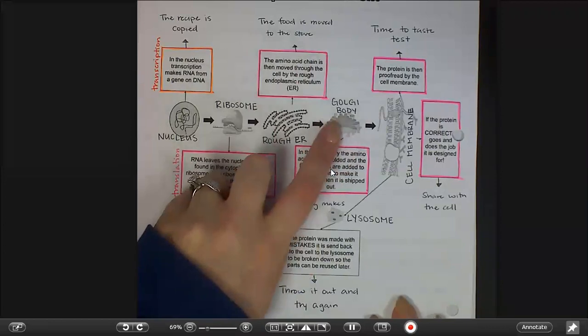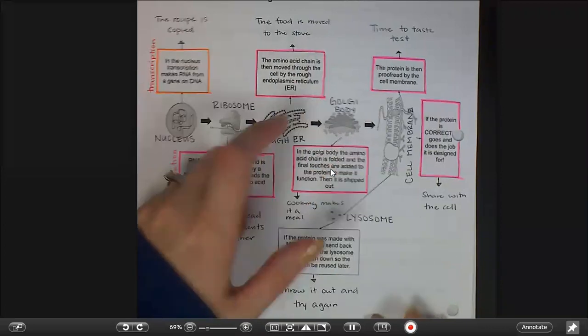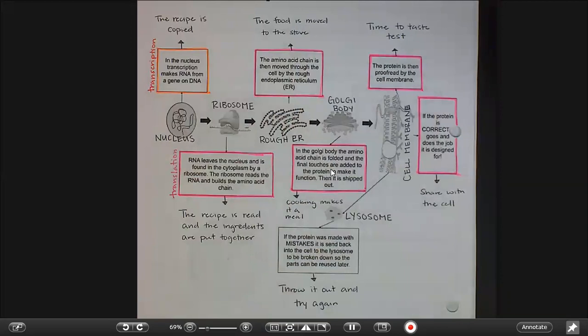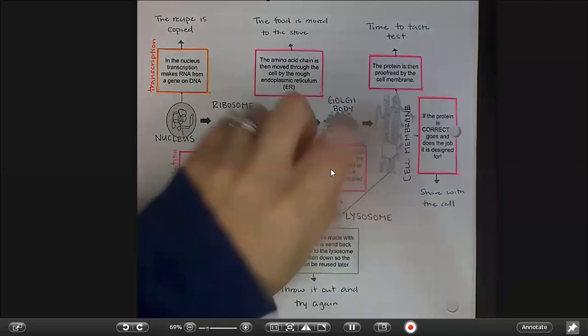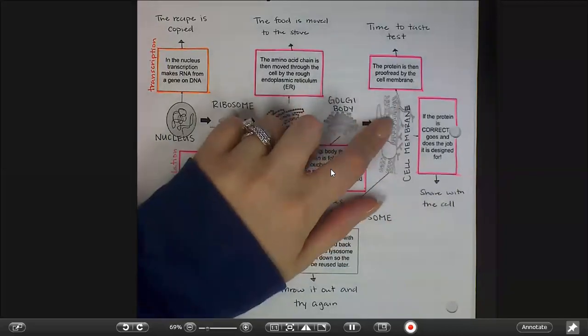The Golgi body is the final prep step. We're going to cook the meal. We're going to get everything perfect and ready to use. And then we ship the meal off to be eaten or taste tested. And that's going to happen in the cell membrane.